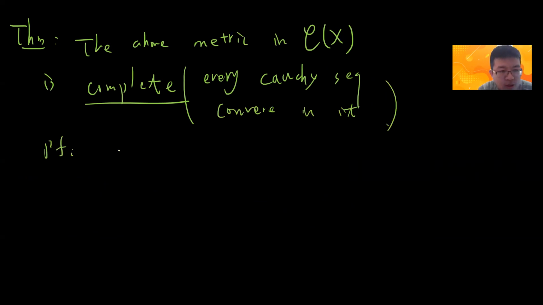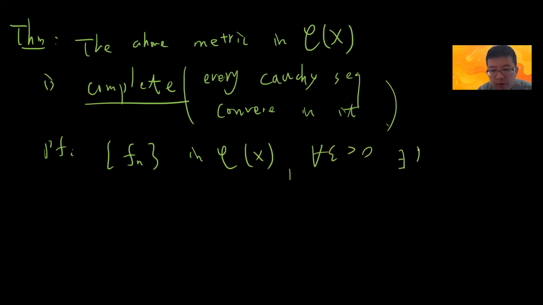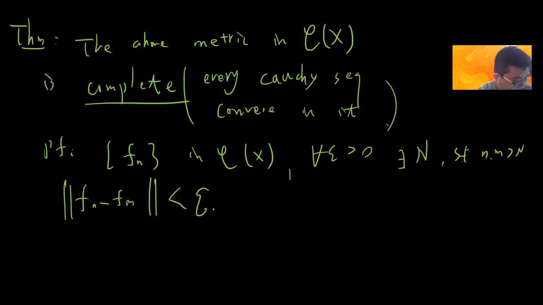So, proof. Let Fn be a Cauchy sequence in L of X. Now this means that for any epsilon greater than 0, I can find N such that when n and m are both greater than N, I get the distance between Fn and Fm, with respect to such metric, is less than epsilon, right?